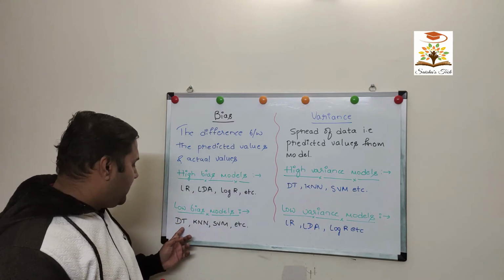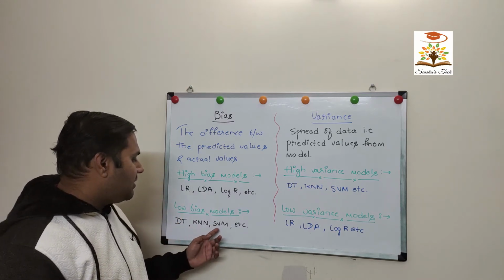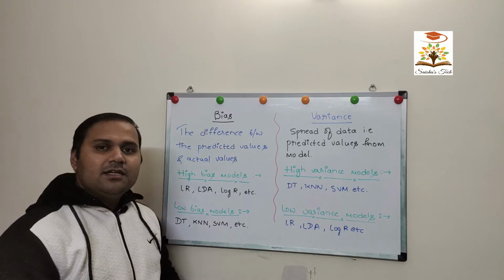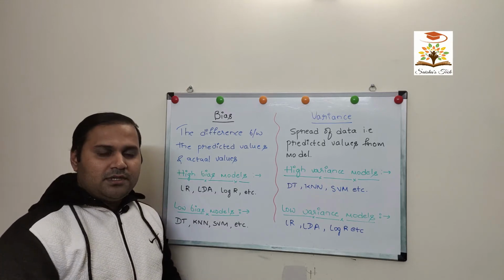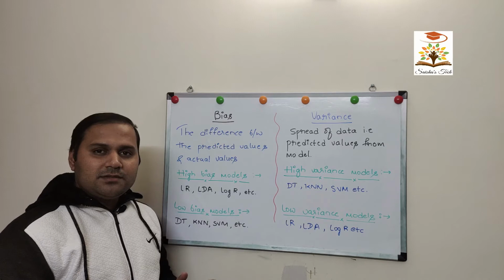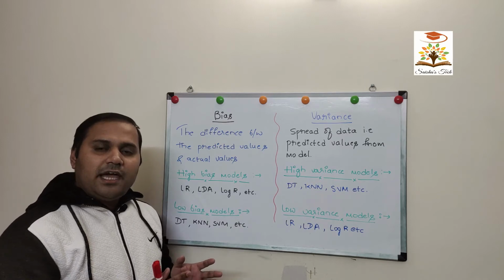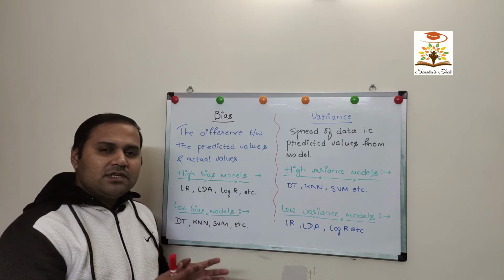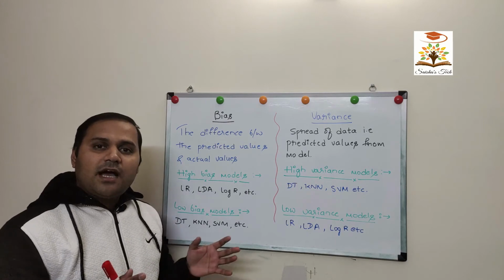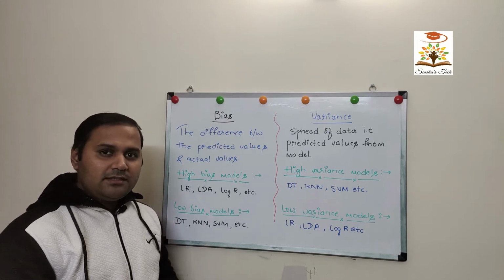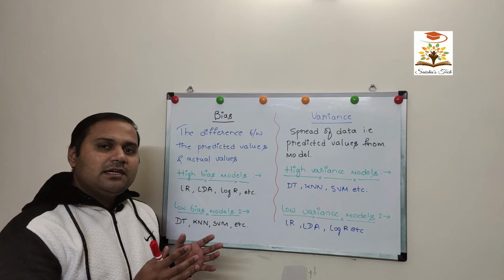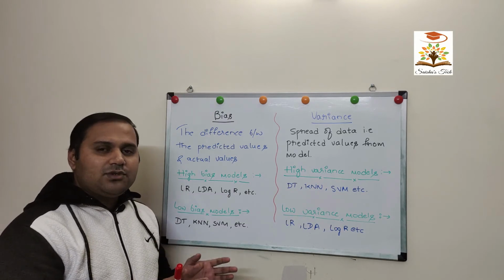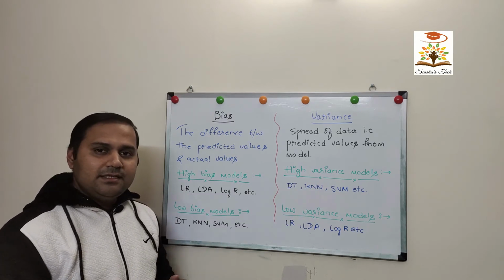Similarly, decision tree, k-nearest neighbor and support vector machine provide low bias output. Now, high bias means the deviation or the error between the predicted values and the actual value is higher, whereas low bias means the deviation or the error between the actual value and the predicted value is least.